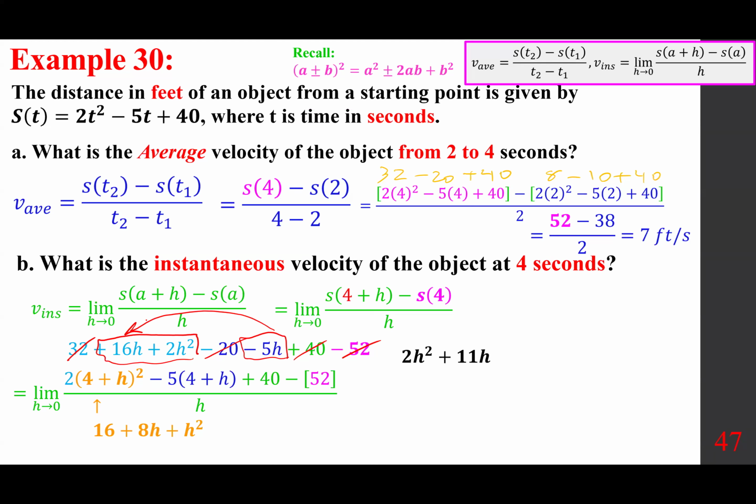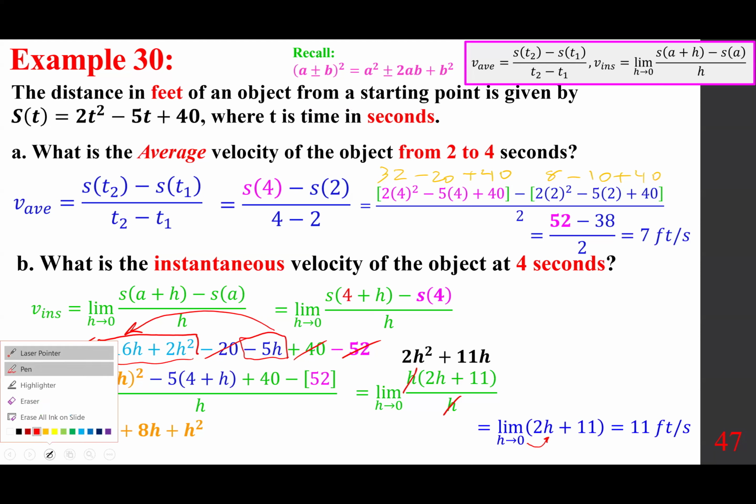That's the numerator. And so take the h out. And now if you plug in the limit of 2h plus 11, as h approaches 0, you get 11 and the same units, feet per second.